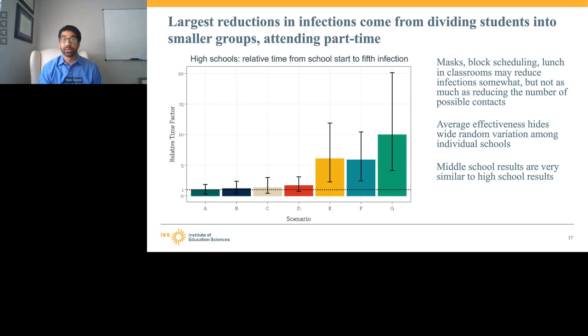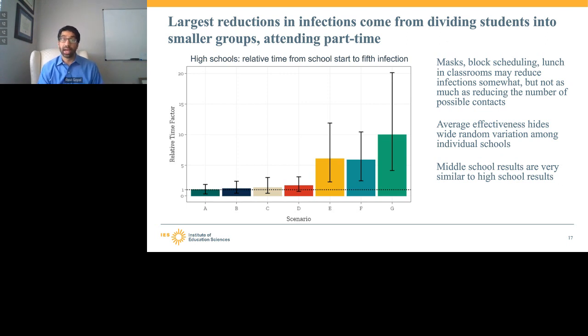Scenarios B to D, which include combinations of masks, block scheduling, and lunch in classrooms, may reduce infections. But according to the model, they are not reducing it as much as removing the number of contacts that happen throughout the day, that is, not having students attend every day in person.